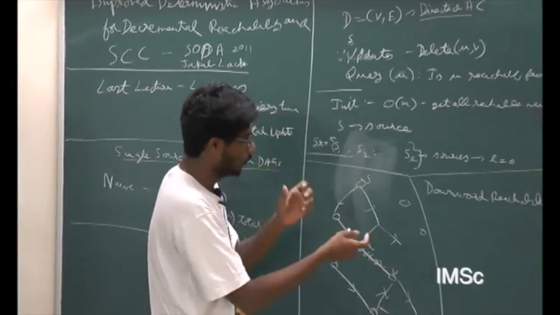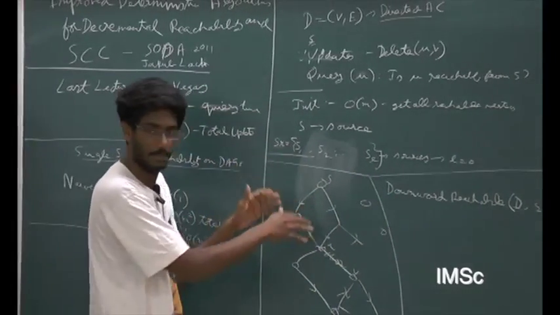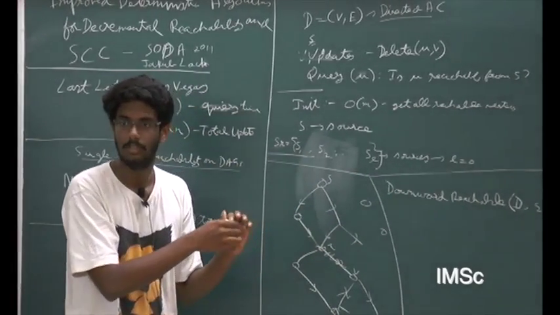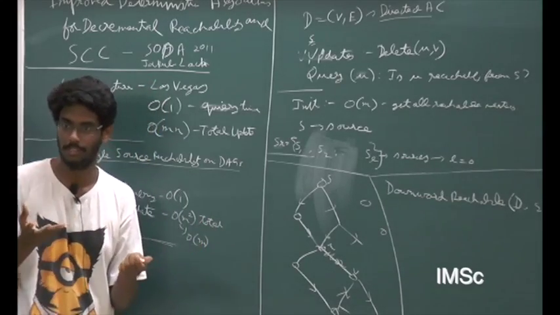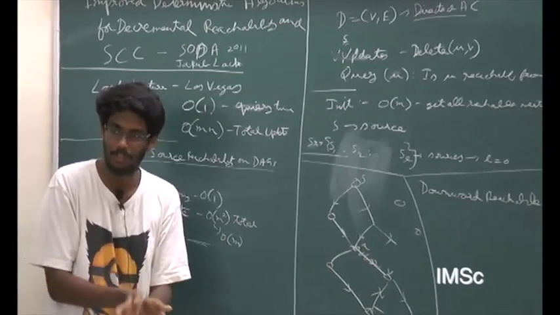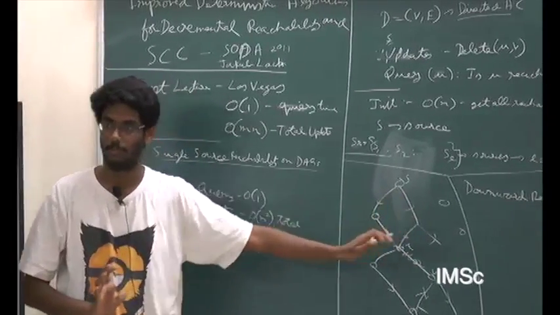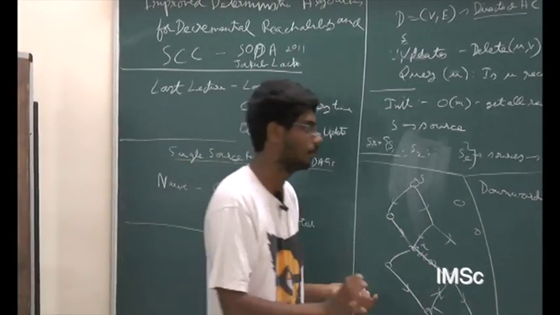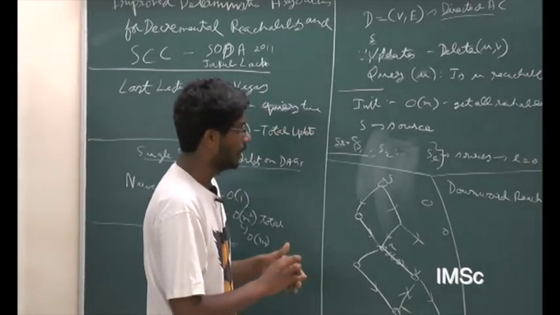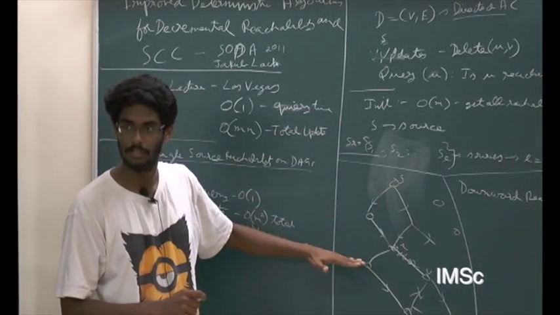So what we now want is just the vertices which are not reachable from S. We want to output all those vertices in time proportional to the number of vertices and the number of edges incident on them. We will get to this formally, but this is what we'll be hoping for. So that's why we do not do the normal reachability from S.